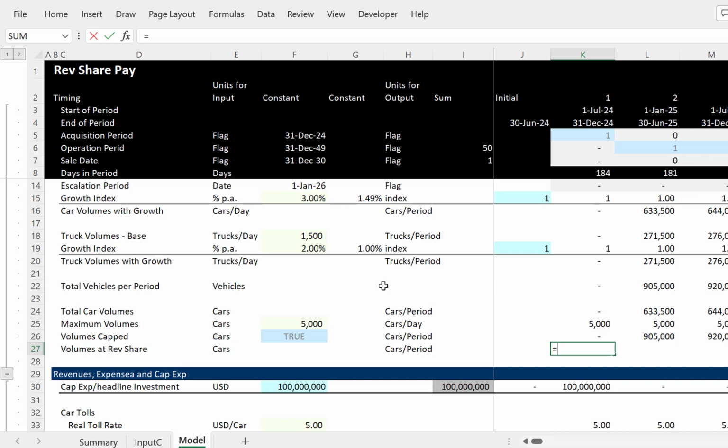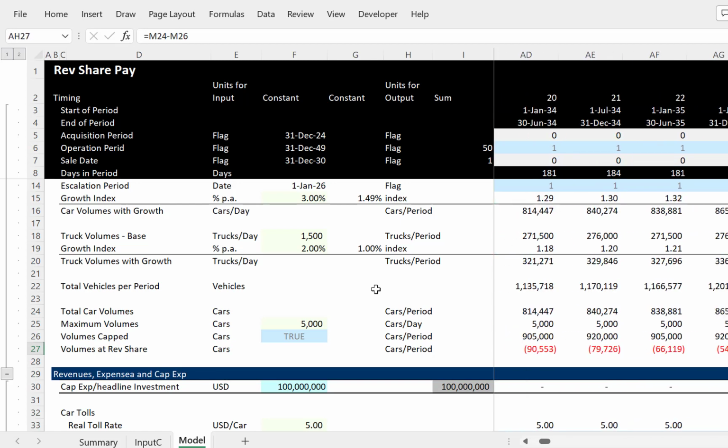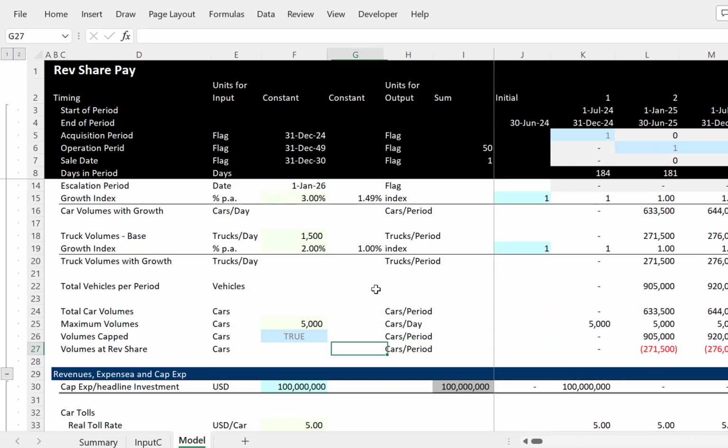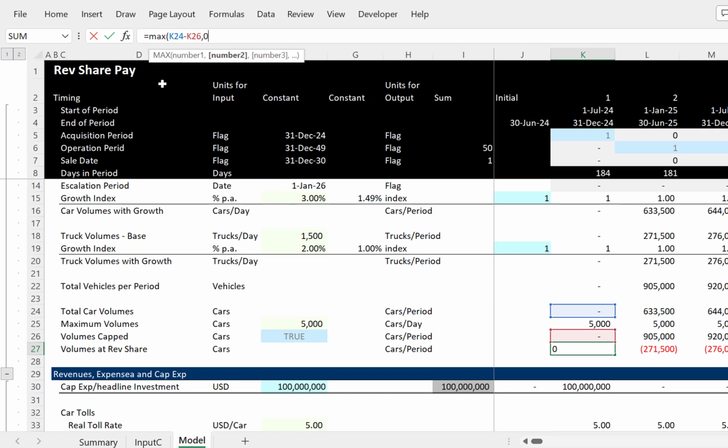Whenever these are greater than that, then we've got some revenue sharing to do. Of course, it's negative, negative, negative, and then it gets to be positive, positive, positive. And then we can just put a maximum of this or zero, and we do things a little more slowly and it makes more sense.